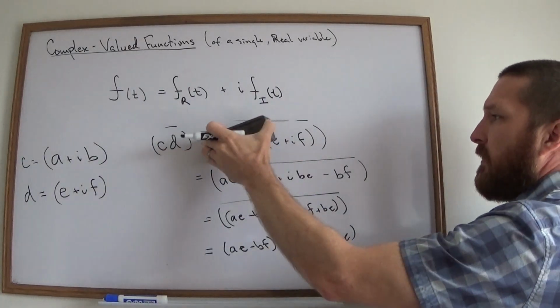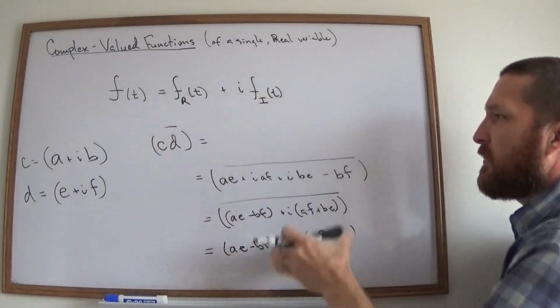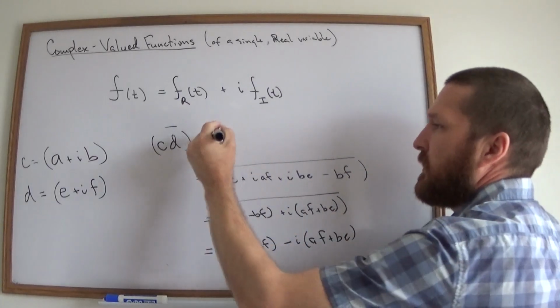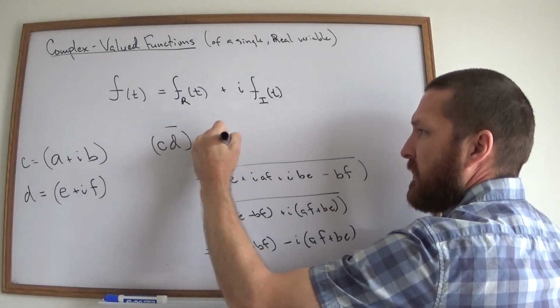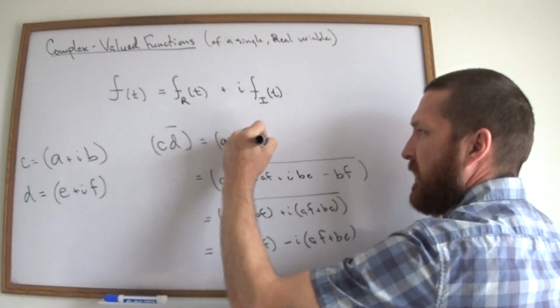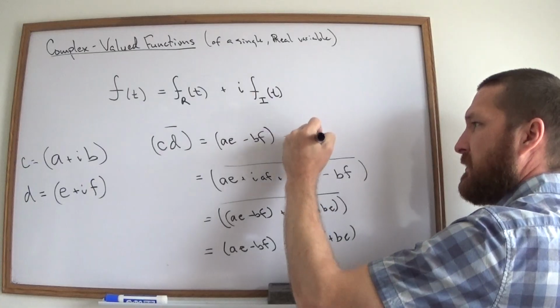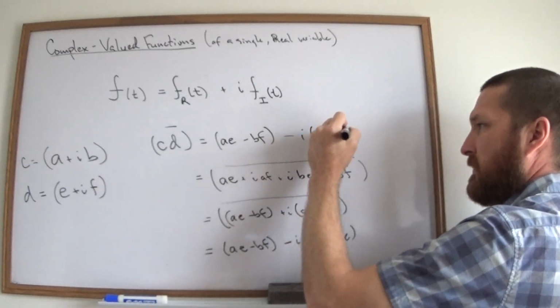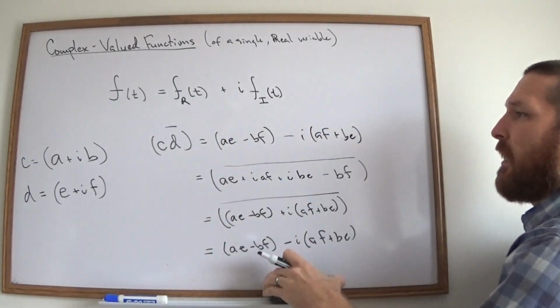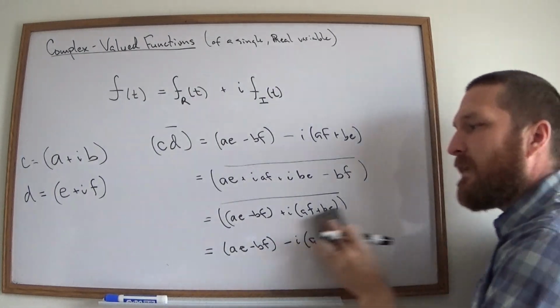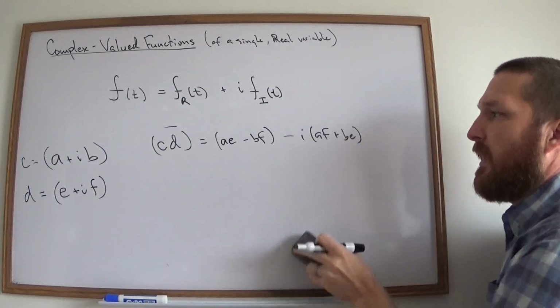I'm just going to rewrite that right here. So multiply out two complex numbers, then take a conjugate, and I get this: ae minus bf minus i times af plus be. Now, the question is, is that the same thing that I would get?